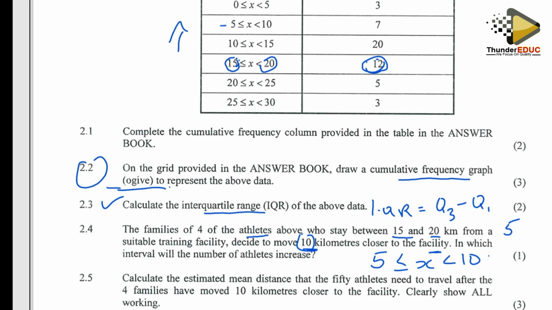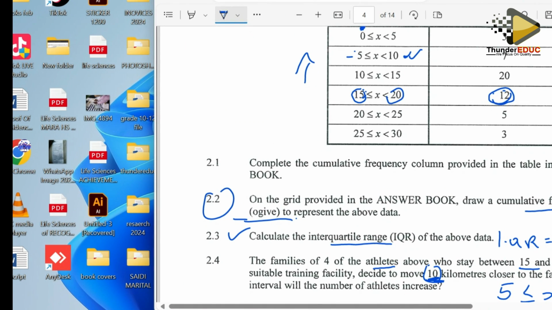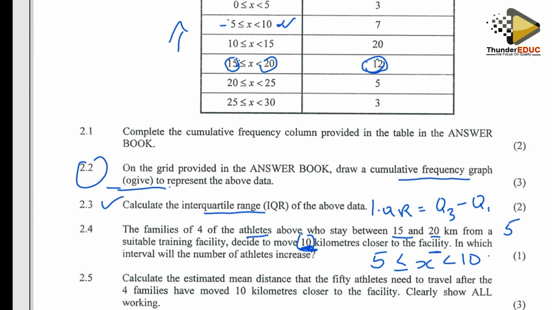Because with this interval, it's between 5 but less than 10. But they decide to move 10 kilometers closer. Ten kilometers. Anybody? Somebody? What do you think needs to be done?